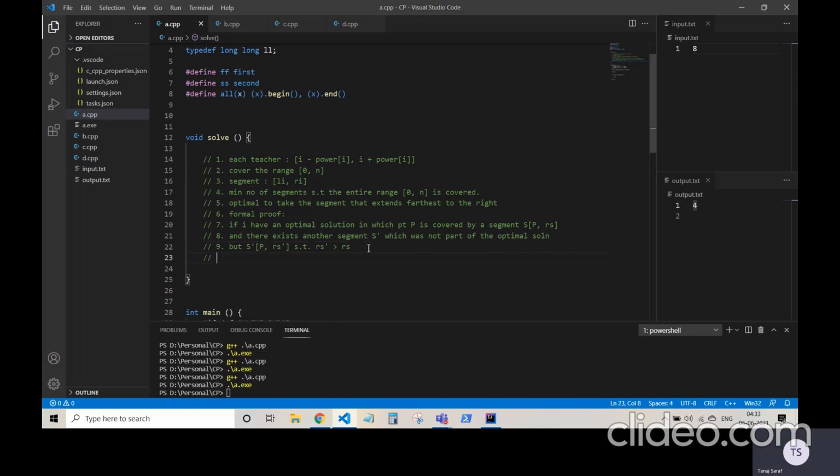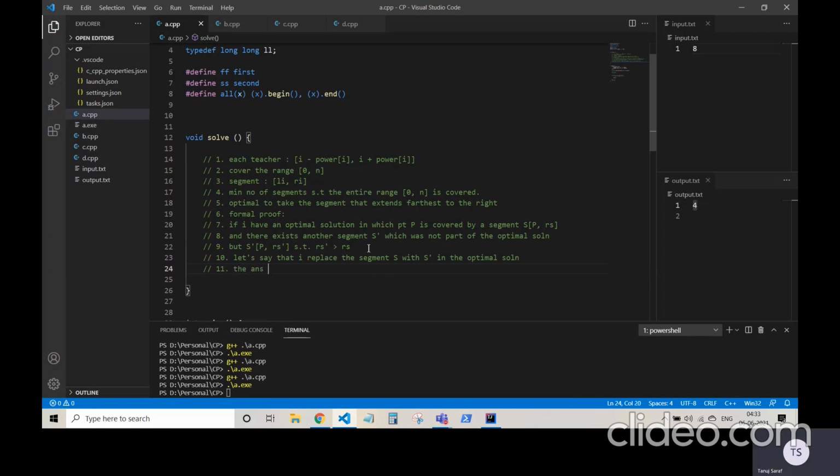So let's say that I replace the segment S with S' in the optimal solution. If I did this, would the answer change?